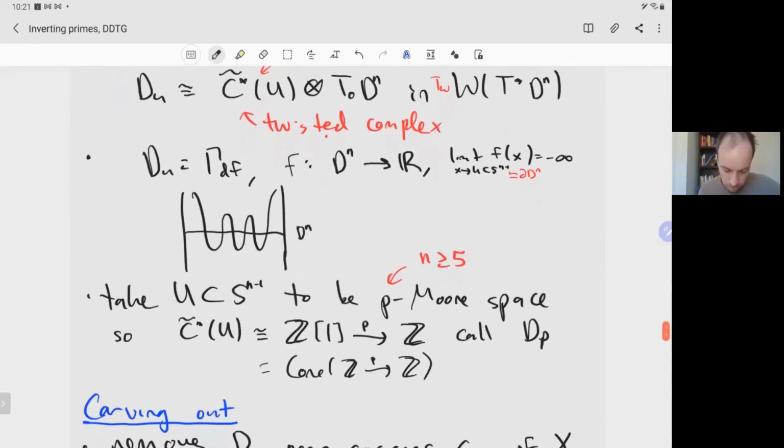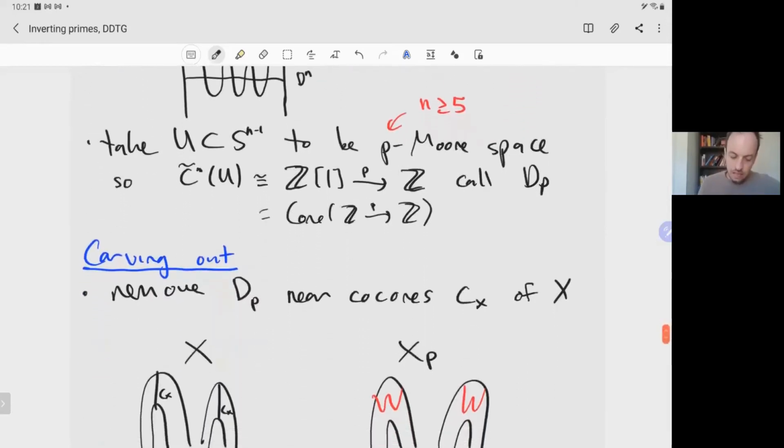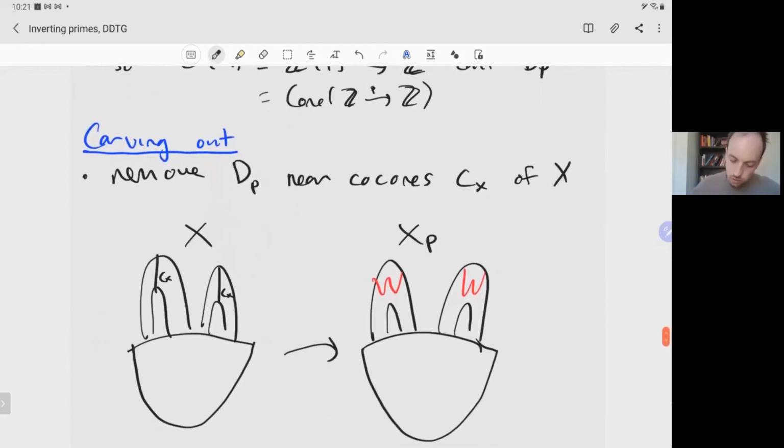Okay, so we got this Moore space, and we use that to form this disk by looking at the graph of a certain function. And so finally, remember, this disk is sitting inside T*D^n, and each of the handles is basically a copy of T*D^n, where the fiber corresponds to the co-core.